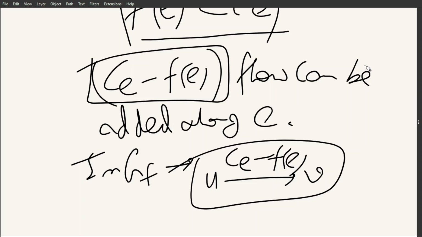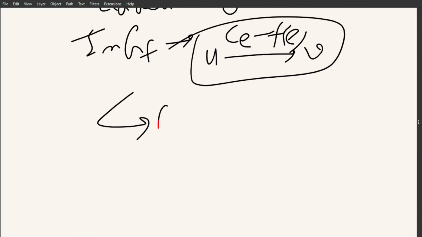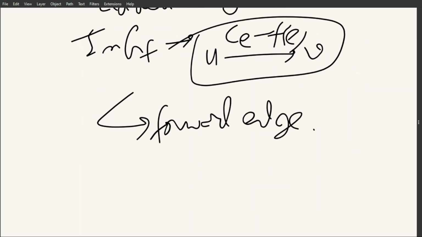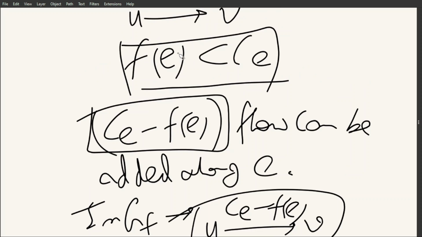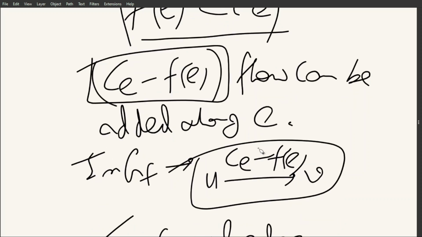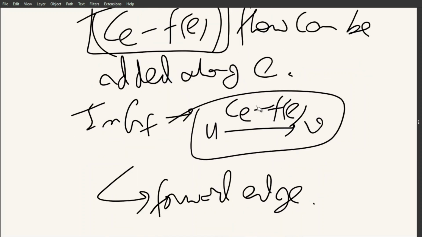This is called a forward edge. This is only when FE is less than CE: how much extra flow we can add, that is CE minus FE. This is the weight of the edge U to V in GF, and we call it a forward edge.